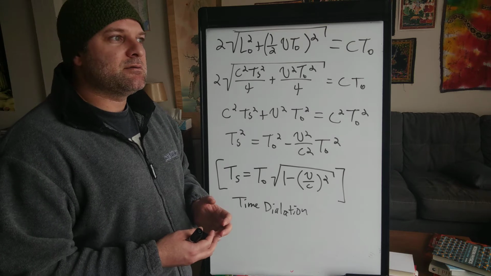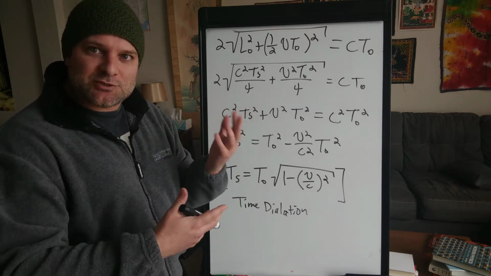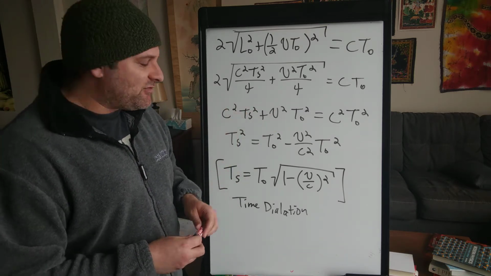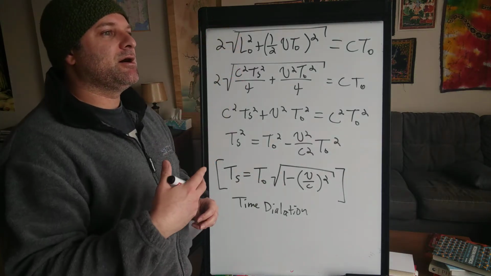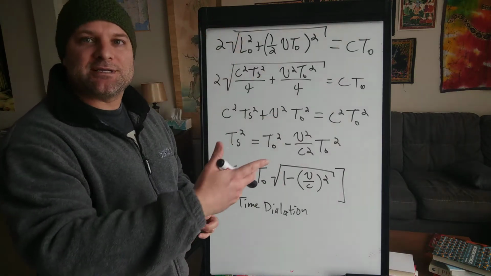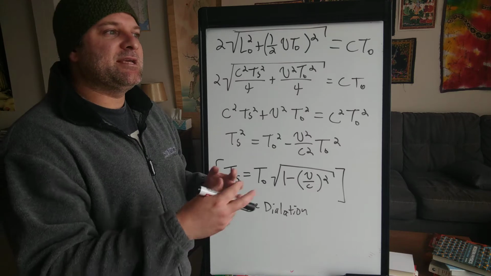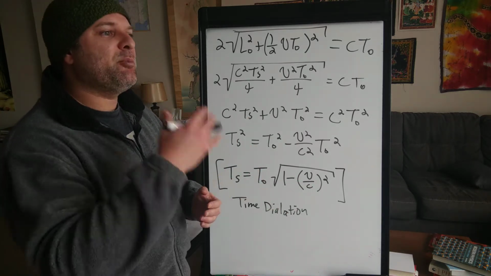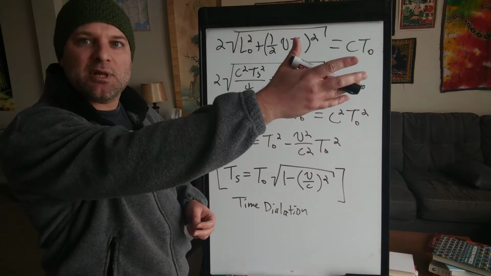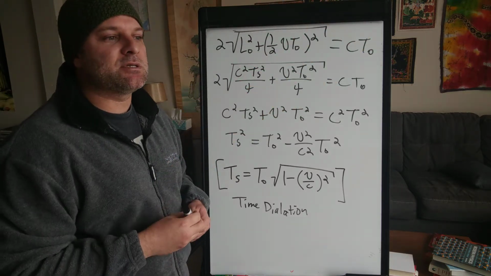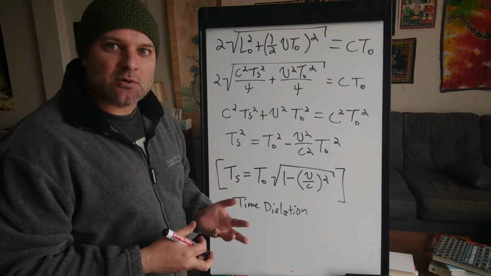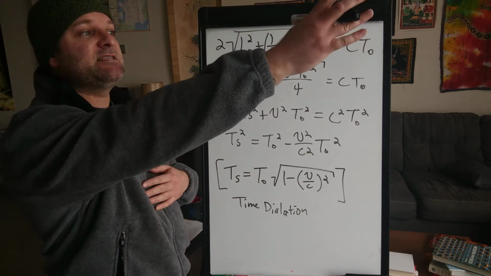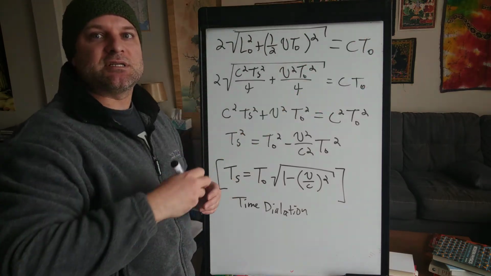Other physical processes would yield the same results. If I had built a clock based on some other interaction, that would be based on the same physical laws as my light clock. So no matter what process is taking place on that spaceship in motion, it slows down from my perspective as I see the velocity of that person increasing.